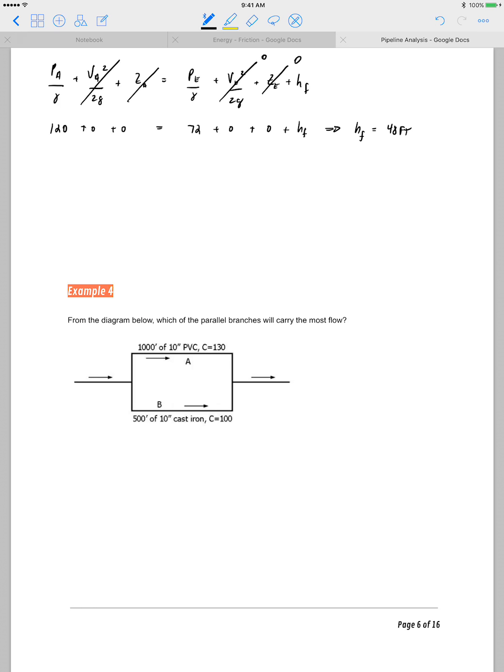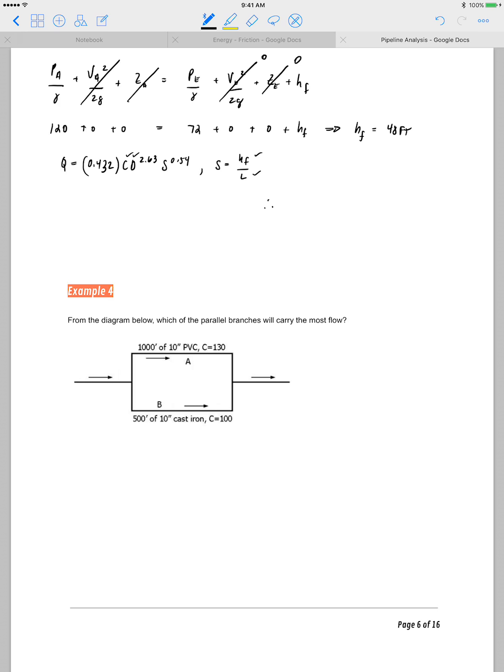So if you take the Hazen-Williams equation, Q equals 0.432 C D to the 2.63 S to the 0.54, where S is equal to h of f over L. Remember that slope. Then we have everything that we need to solve for Q.